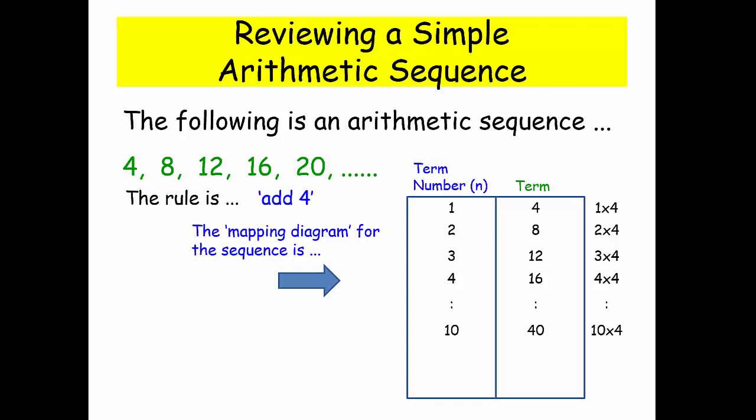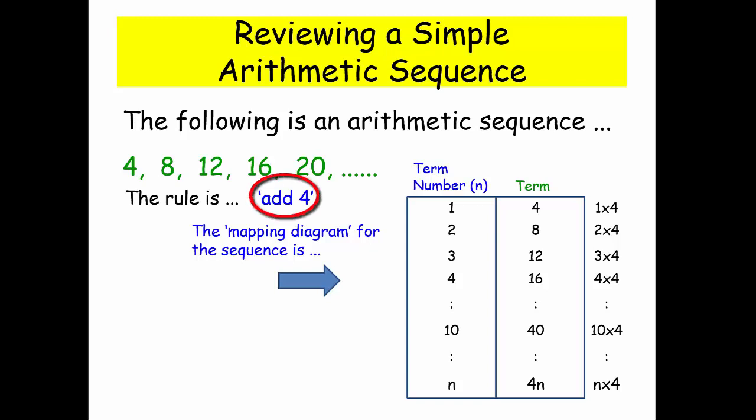Now I should be able to go on and predict any value, let's say n. What am I doing to get the number? I'm taking the term number and multiplying it by the number 4. n times 4 is what I'm going to get, which in simple terms is 4n. So I have a way of predicting the value of any term if I know the term number. And what I've been using here is the rule add 4.